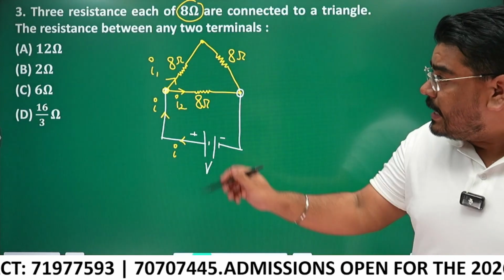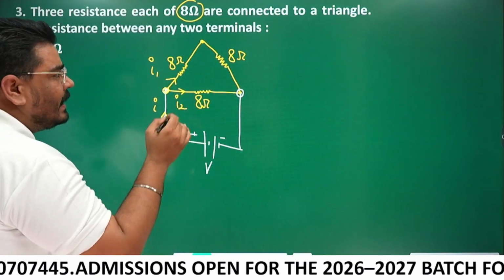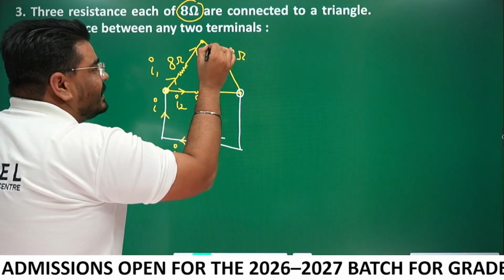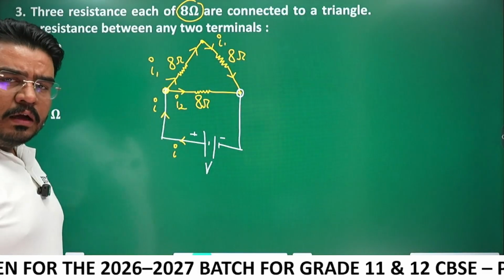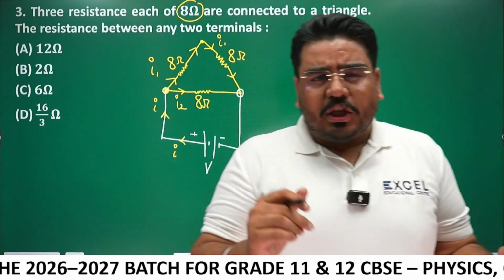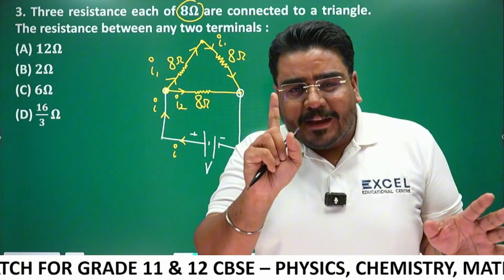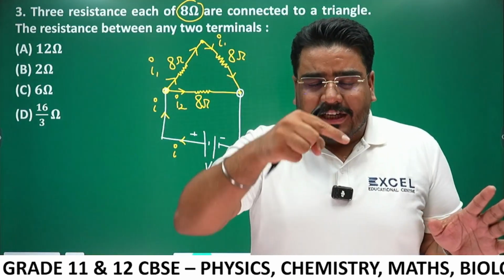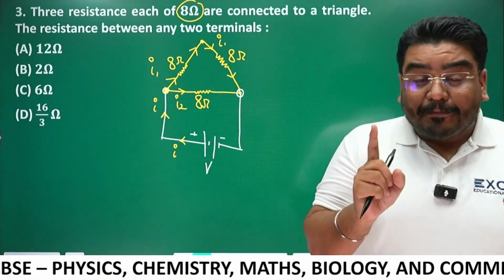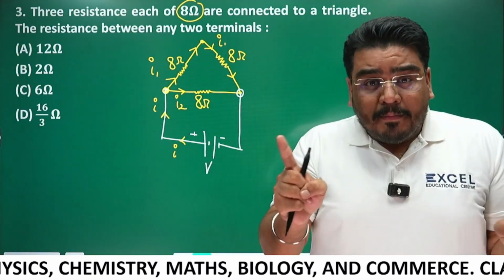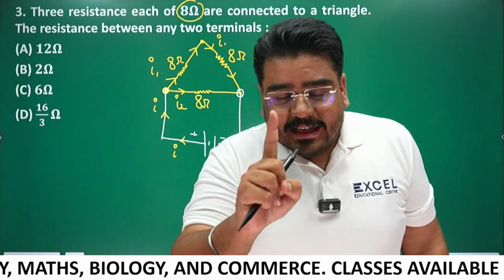Now, sir, I1 goes through this 8, I2 goes through this 8, and my friend, the interesting fact is this: I1 will also be passing through this 8. Sir, what are you trying to establish? My dear students, understand one fact. If the current through two resistors or three resistors, whatever number of resistors you have in a circuit, if the current is same through the two resistors, you can always say they are in series.